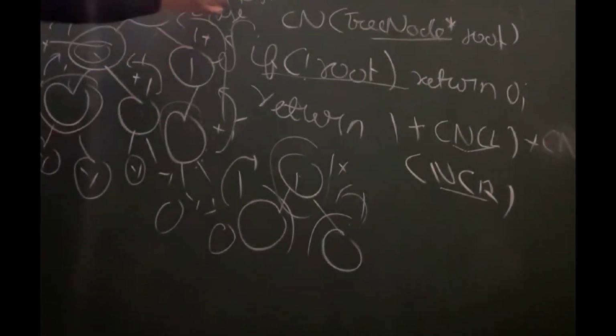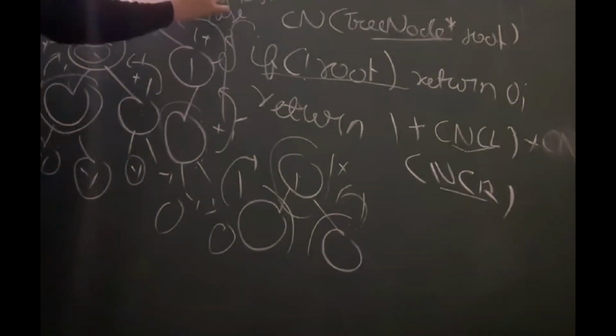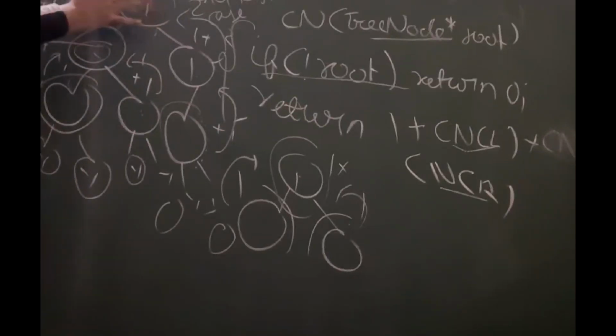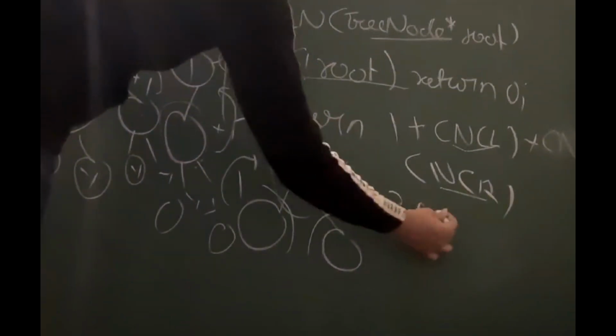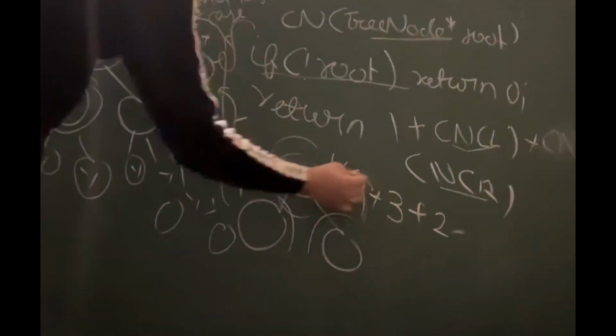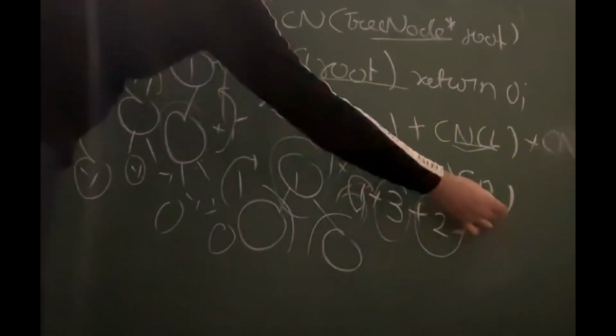So from the left side we are getting 3, from the right side we are getting 2, and adding one of its own, the root's count, we are finally getting 1 plus 3 plus 2: 1 for the root, 3 for the left nodes and 2 for the right nodes.